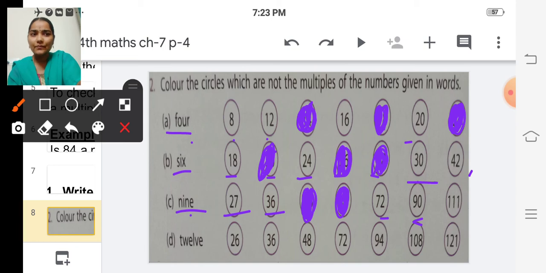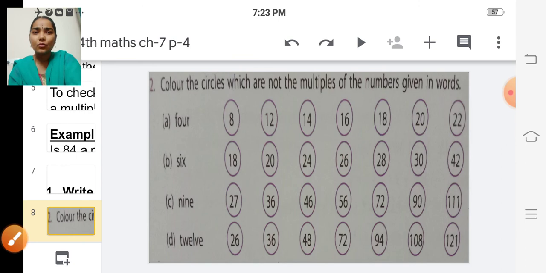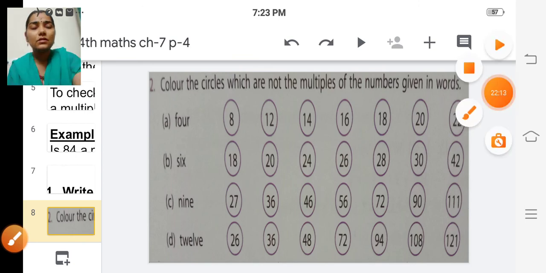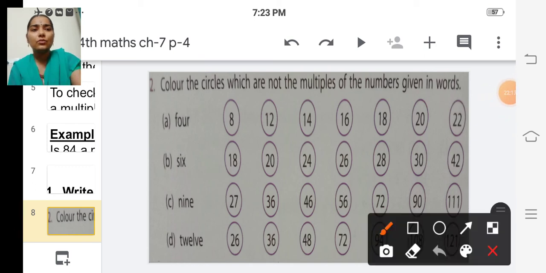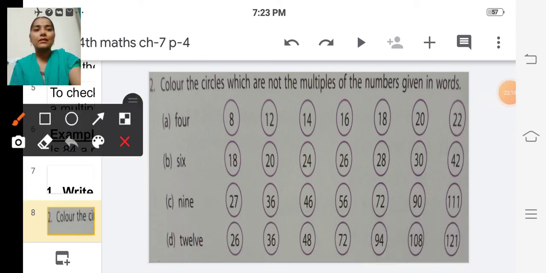So here 9 twelves are 108, isn't it? 9 twelves are 108. So 111 is not a multiple of 9. So we can color 111.